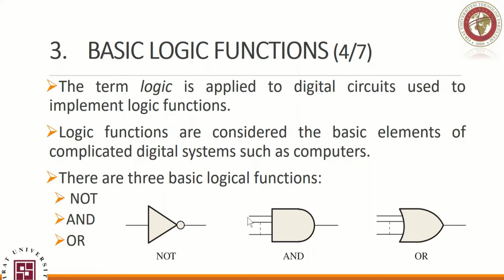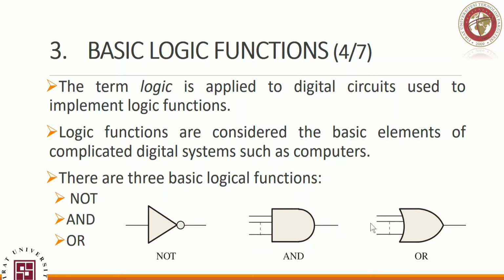If we input anything other than 1 on any of these inputs, then the output is surely 0. And if all these inputs are high, then we will have a high output.